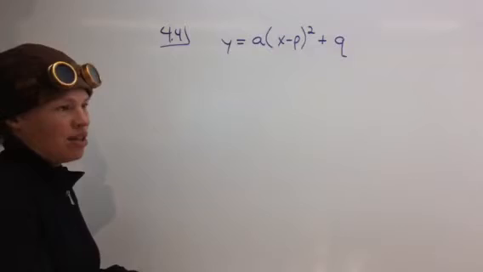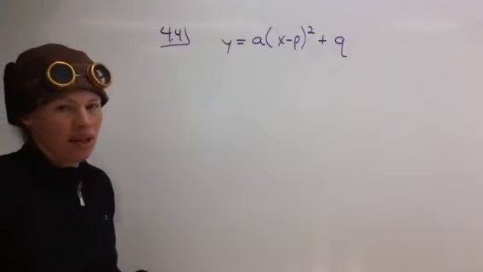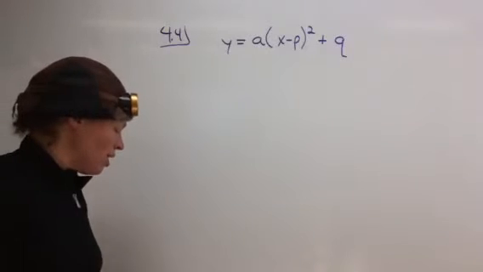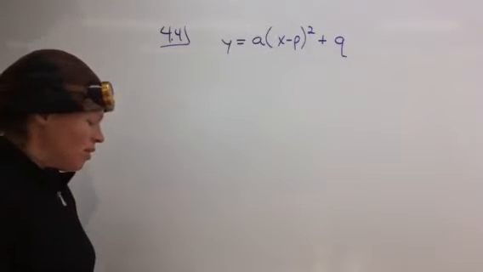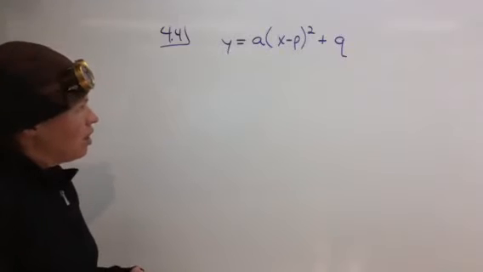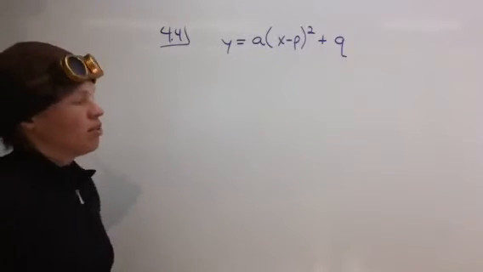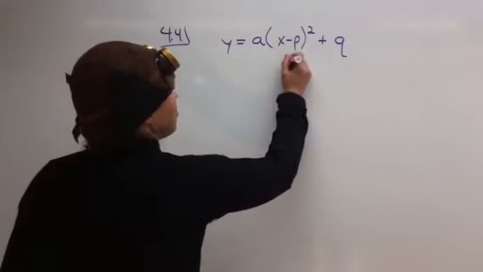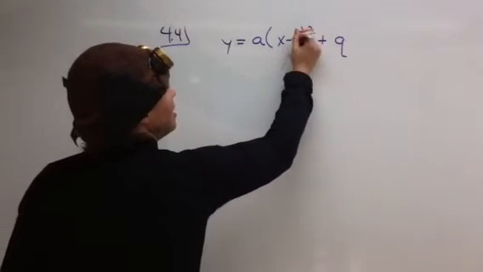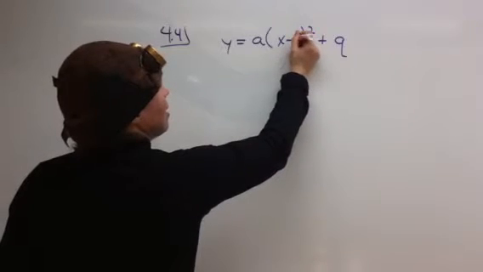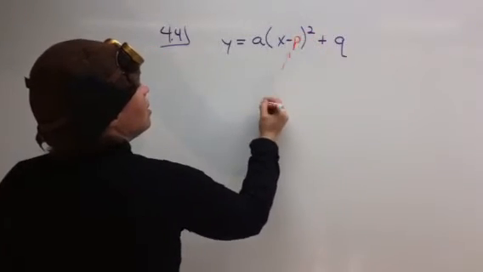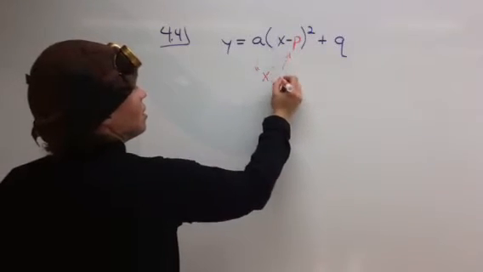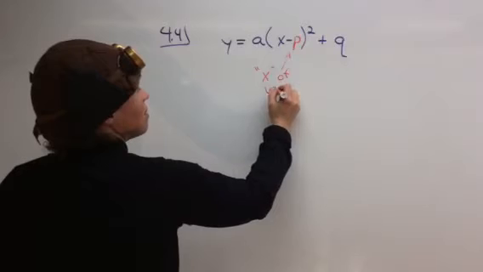So the first thing that 4.4 wants us to do is a construct understanding thing where they're like, throw these things into your graphing calculator, and you can do that. Make sure you get your brackets correct. What you're going to find when you do that is that you'll throw in a formula and look at the pattern, and hopefully you're going to discover that this point, P, so we're going to make it red, that point is the x of the vertex.